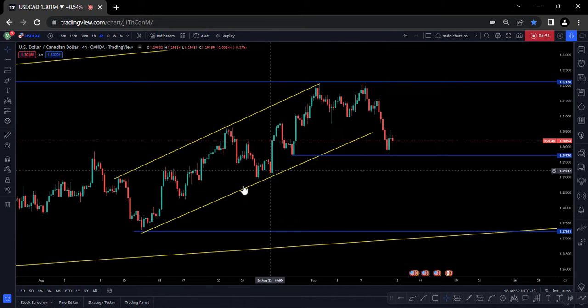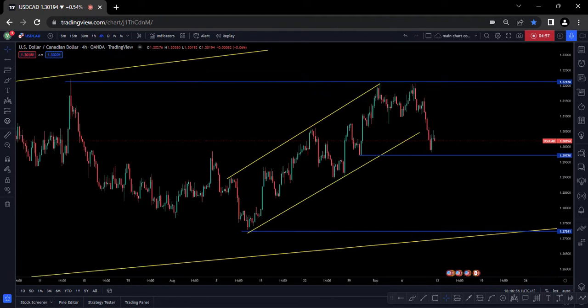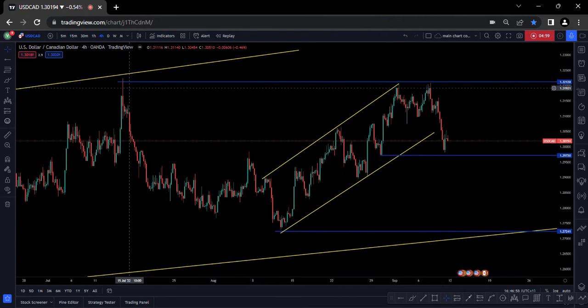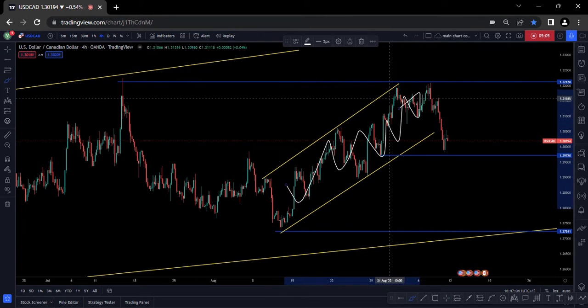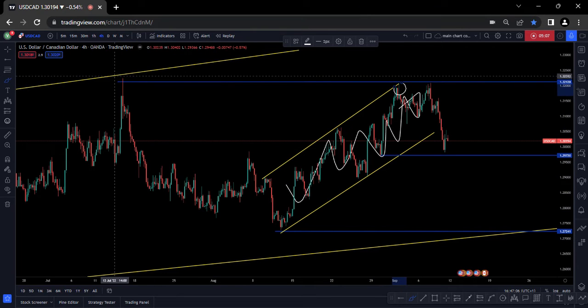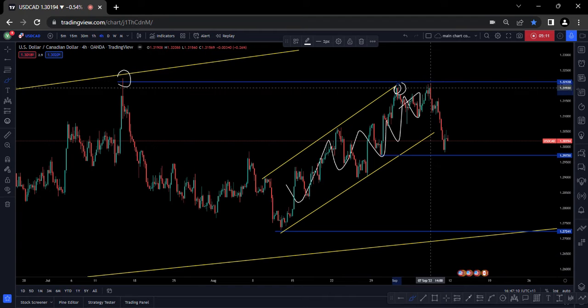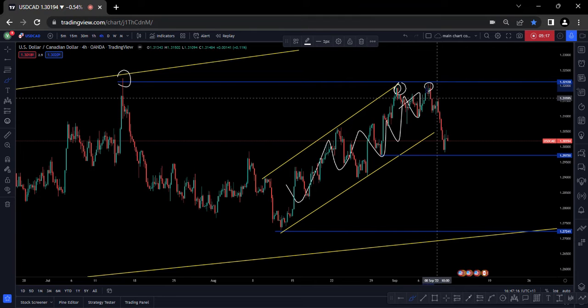So we had an ascending channel, an ascending type formation to this area here. It moved correctively in an ascending type formation, also formed a double top, and a double top here, that is a triple top.